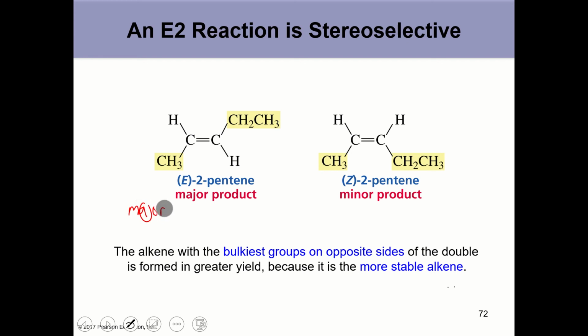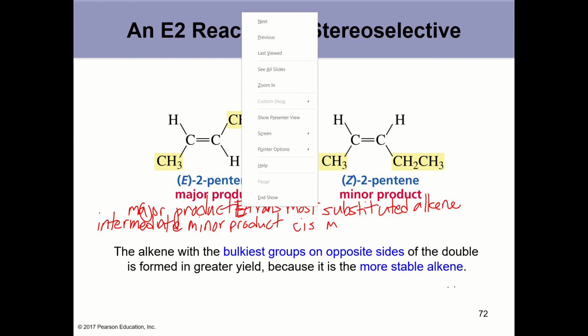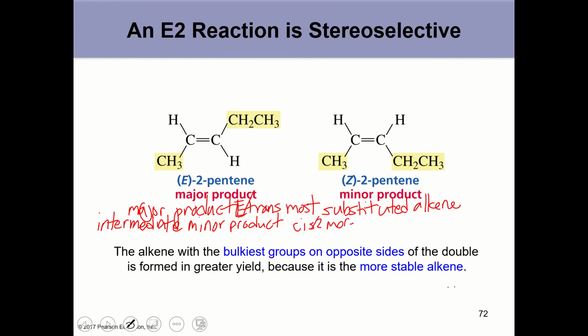So let's write that out. Major product, then the intermediate minor product is the cis, or the trans, or the E isomer for trans or E, and then the cis or the Z isomer of the more substituted alkene.